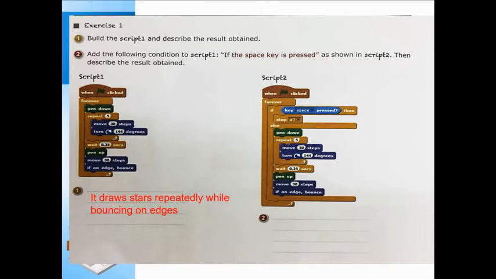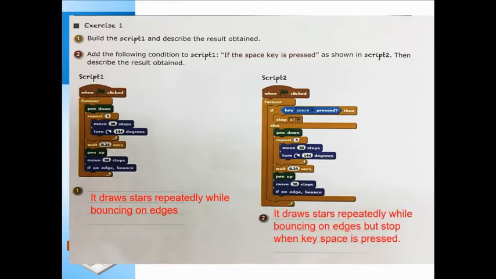So, after building the blocks, the result will be the same. It will also draw a star, but it will stop moving. Why? Simply because of the condition if space key is pressed. So, in script 2, we applied the condition if.